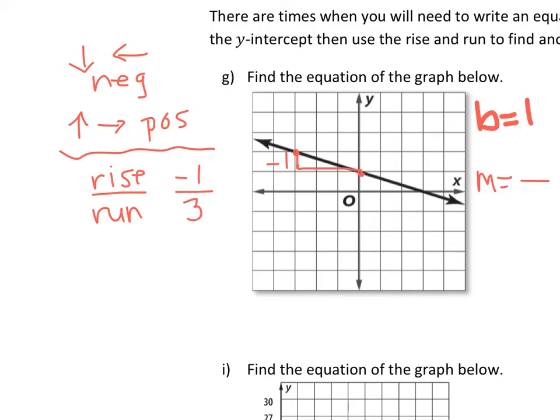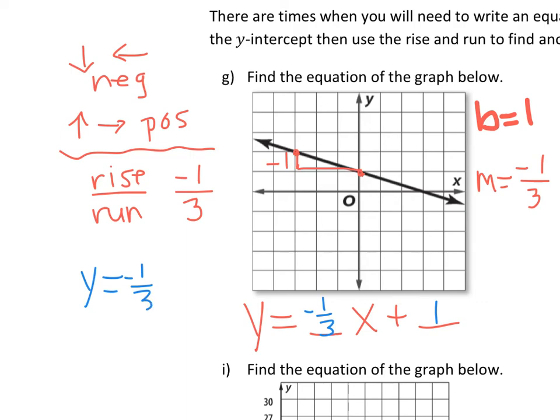So our slope is negative 1/3. Writing the equation in slope-intercept form, y equals mx plus b. Our slope is negative 1/3, and our y-intercept is 1, making our equation y equals negative 1/3 x plus 1.